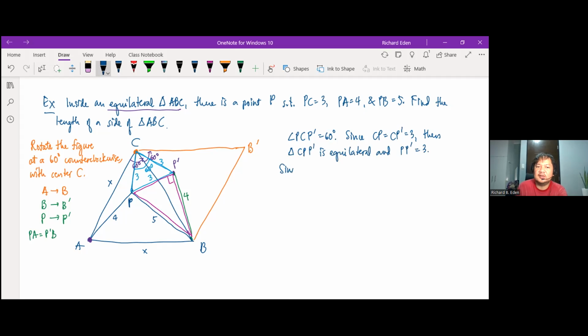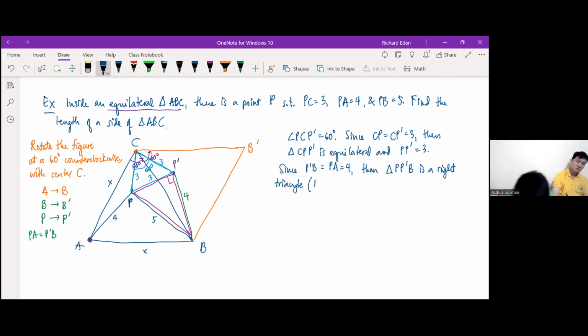And then since P prime B equals PA, which is 4, then triangle PP prime B is a right triangle.